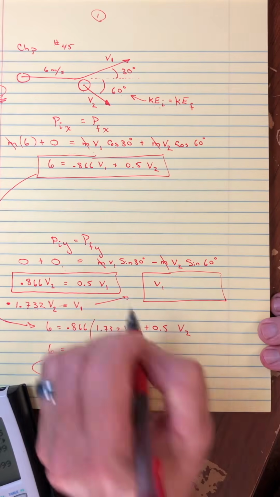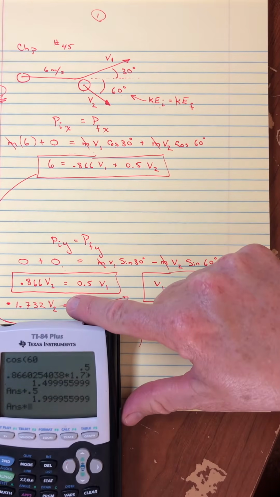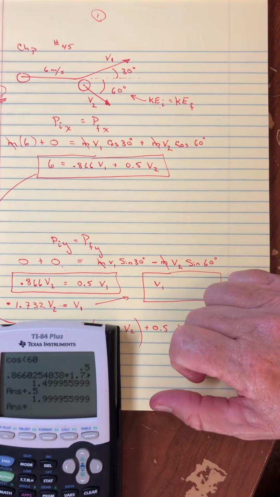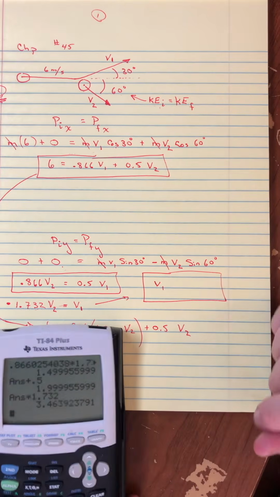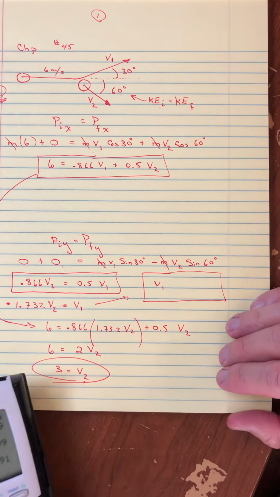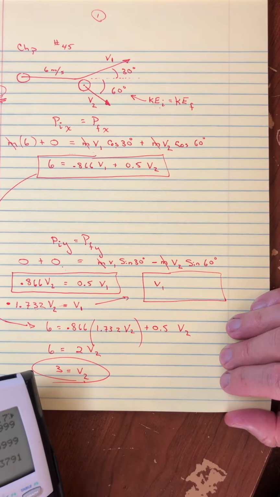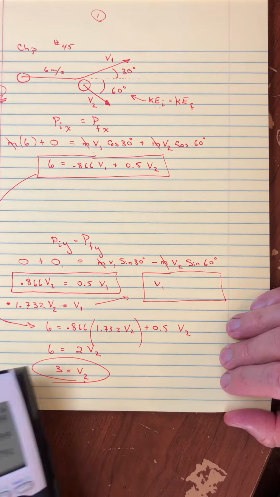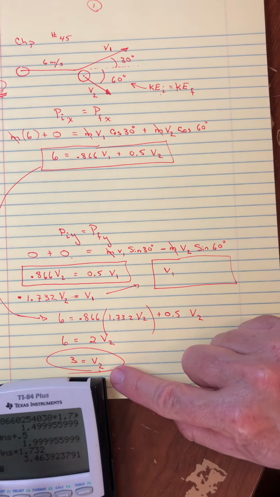Because taking that speed of 2 and multiplying it by 1.732, I get a speed of... my bad. That was not what I had in my calculator. I had the number 2.